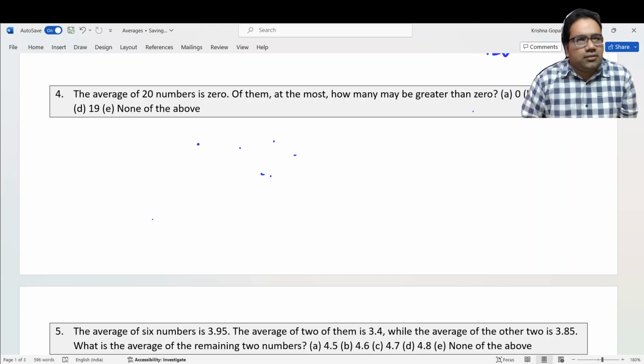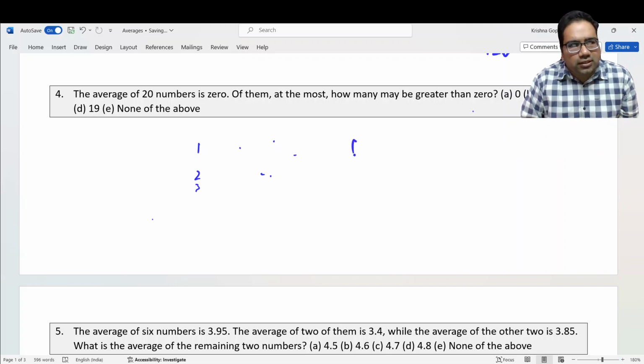If it is 20 numbers, then at most how many can be greater than 0? 1 can be greater than 0, right? 2 can be greater than 0. The question is so easy. At max you can have 19 greater than 0, right?